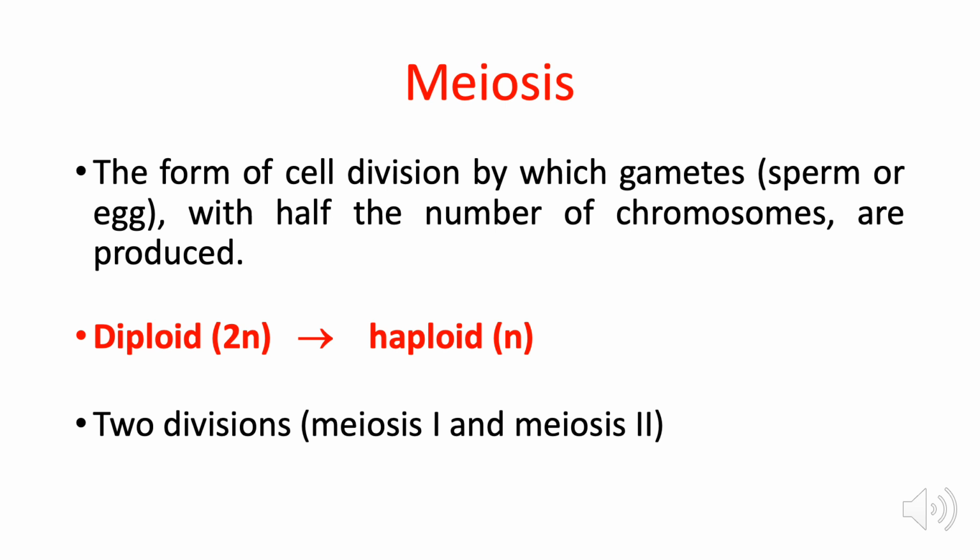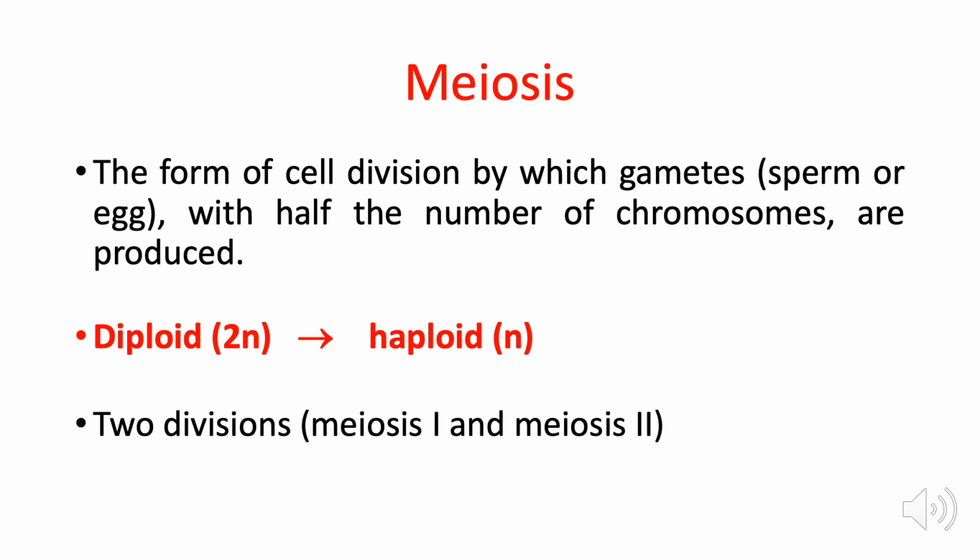Again, meiosis is the form of cell division involving the gametes or the germ cells, the sperm and the egg, wherein the number of chromosomes will be reduced. So expect that the daughter cells of meiosis will have half of the total number of chromosomes, and they will be referred to or described as haploid.